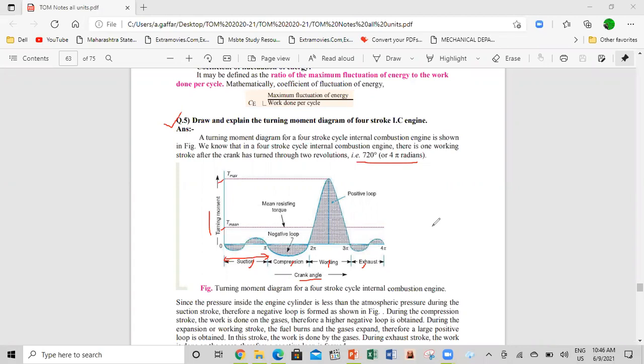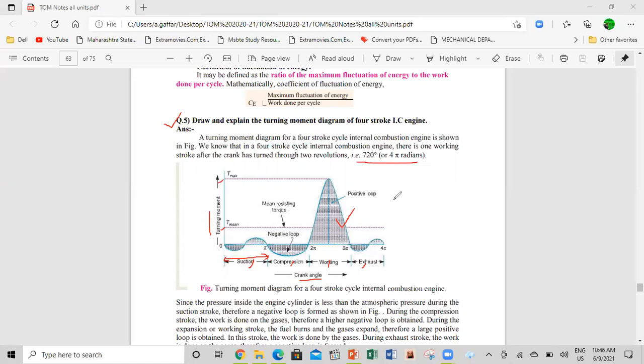So these strokes are considered negative loops, but the working stroke or power stroke is a positive loop, because in this stroke energy is generated at maximum power. In this stroke, the engine doesn't require external energy, because this is a power stroke, with self-generated energy supplied to run the machine or vehicle.